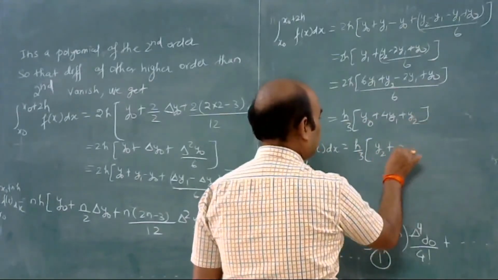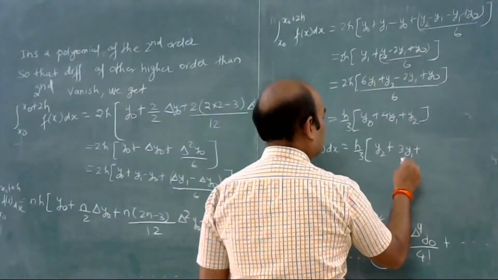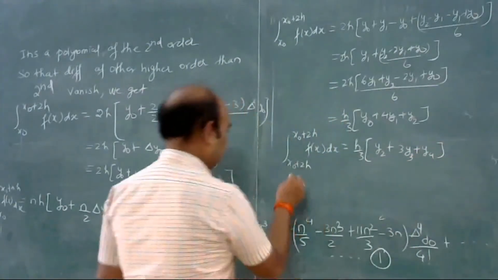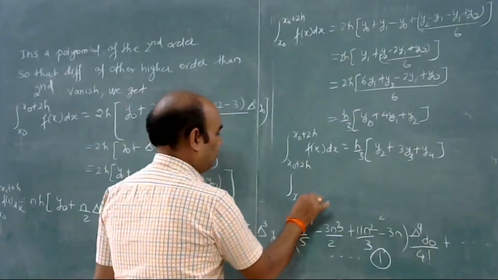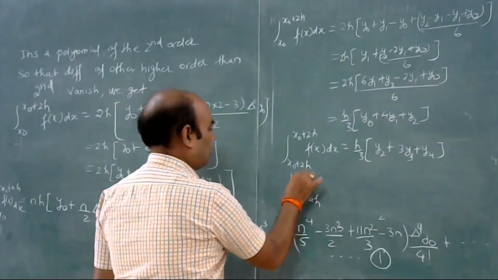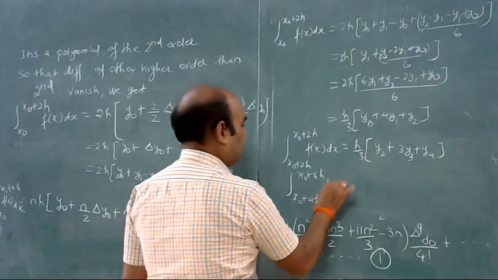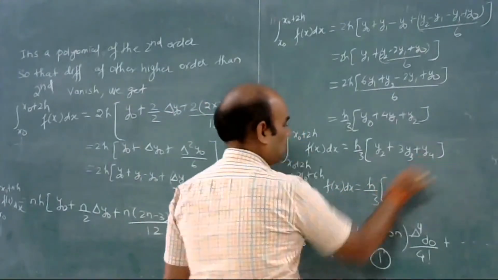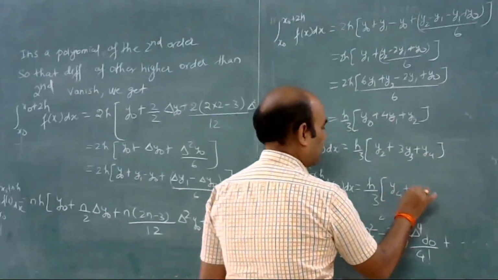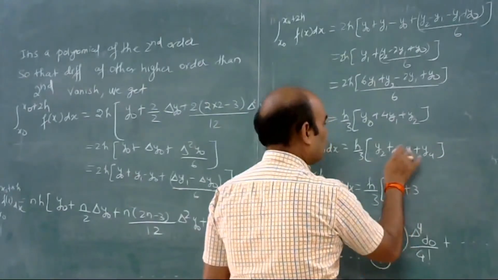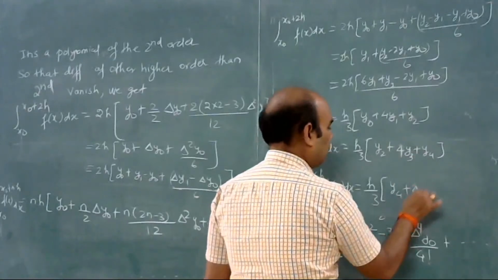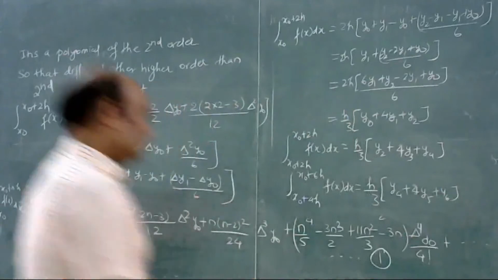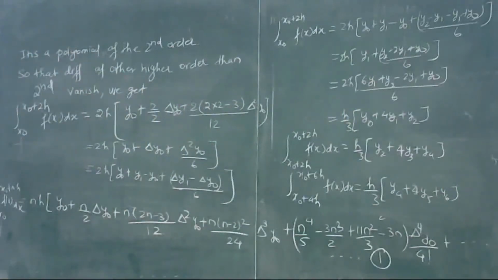Next, from x0 plus 4h to x0 plus 6h, h upon 3 times y4 plus 4y5 plus y6. Okay. So we will write its nth term.